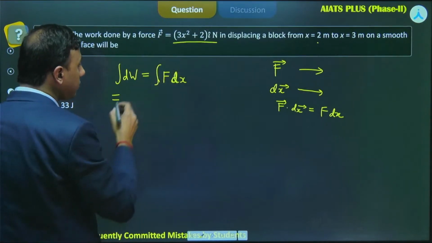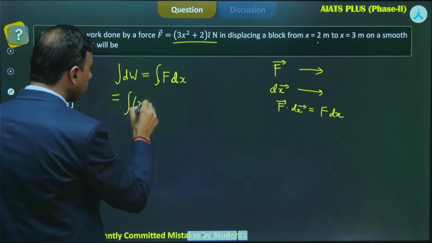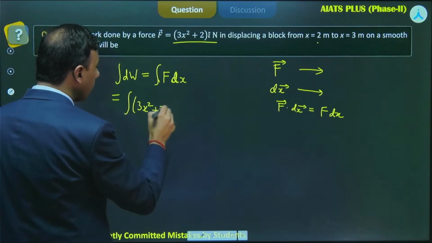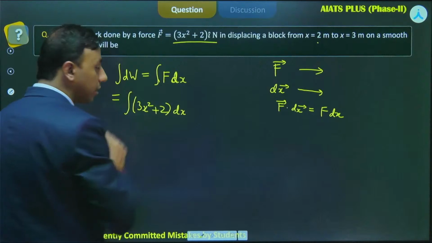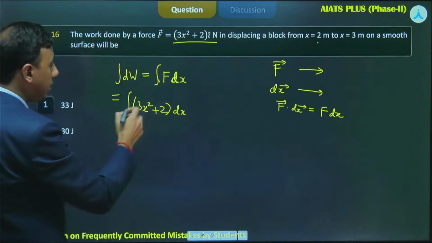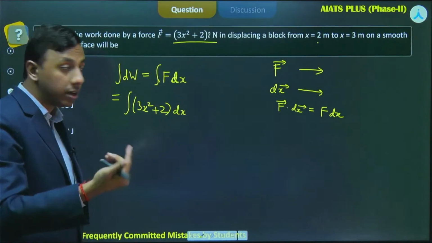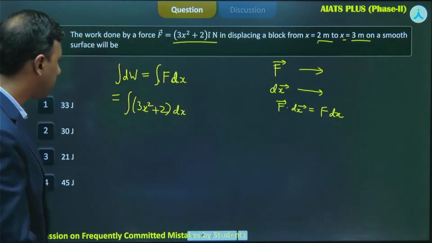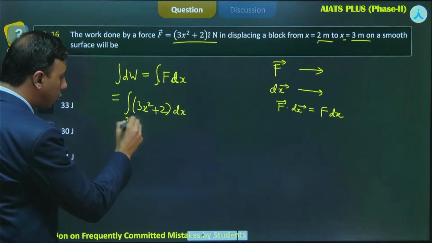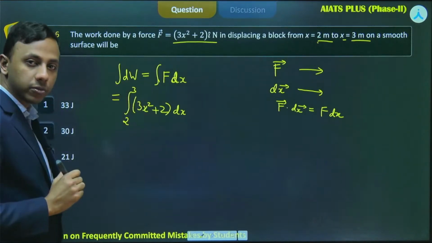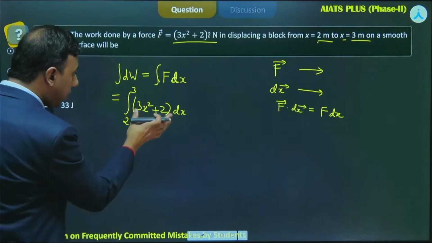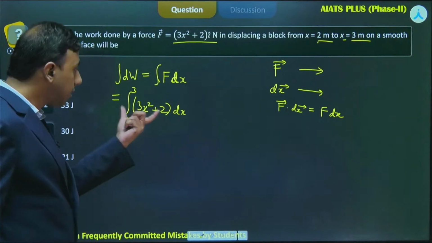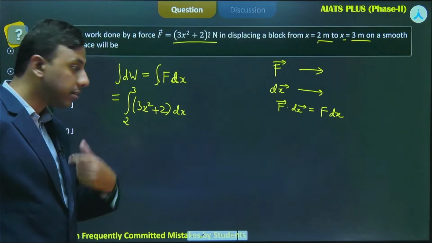So put in the values, that is 3x square plus 2 into dx. And remember, I said we can put the limits also. Here the limits are 2 meter to 3 meter, so x equal to 2 to x equal to 3. Now we can split this bracket and we will get 2 integration terms.